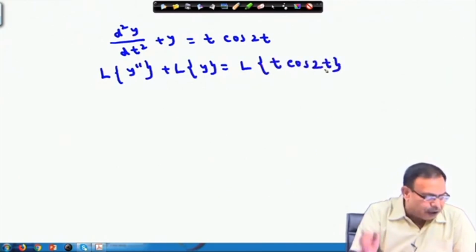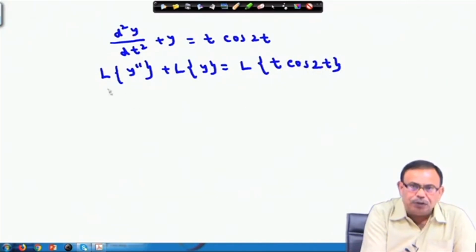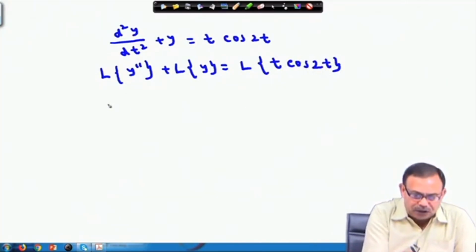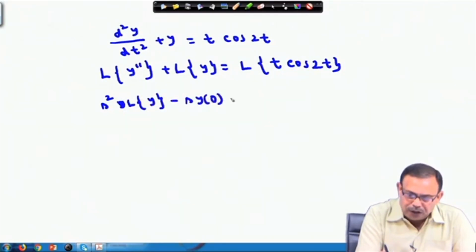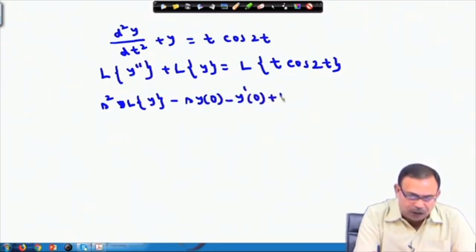Taking Laplace transform, this now you are familiar, Laplace transform of y double dash is s square into Laplace transform of y minus s y 0 minus y dash 0 plus Laplace transform of y.